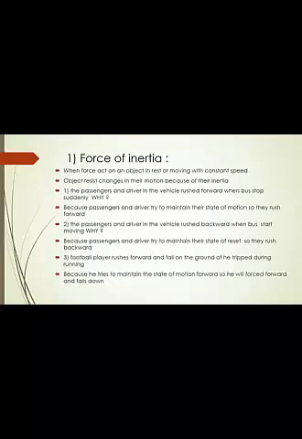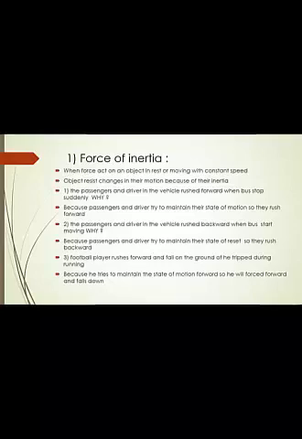To explain it, imagine passengers and a driver in a vehicle rushing forward when the bus stops suddenly. Why? Because the passengers and driver, as objects, try to maintain their state of motion with the same speed as the bus, so they rush forward when the bus stops suddenly.